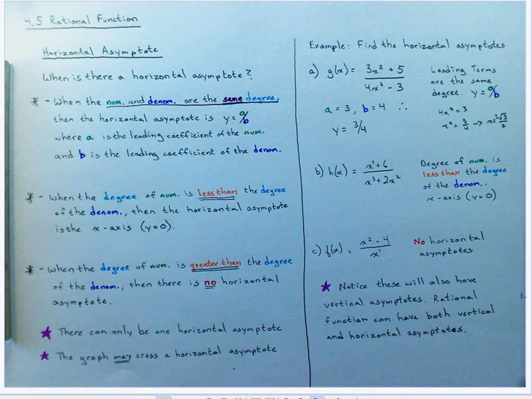So as you notice with those different types of examples that we looked at, the three different ones for horizontal asymptotes, you can see that they can have vertical asymptotes along with having horizontal asymptotes. Something else to point out, or two other things to point out, there can only be one horizontal asymptote, and the graph may cross a horizontal asymptote.